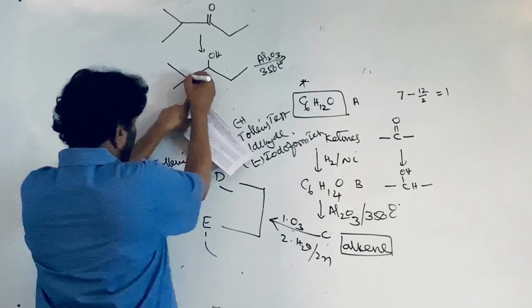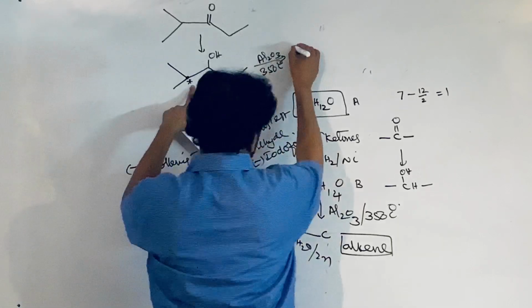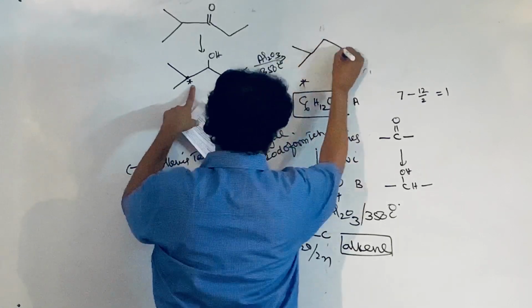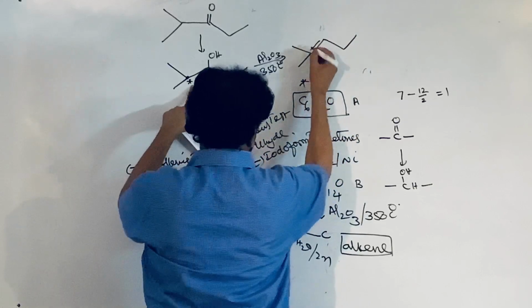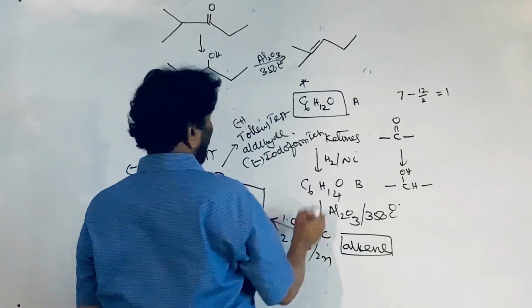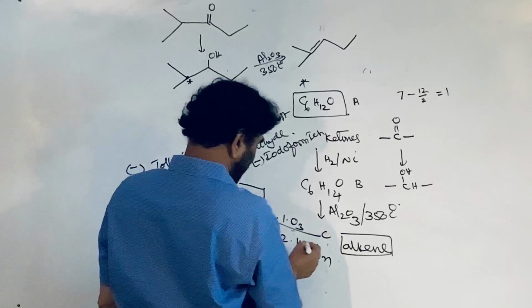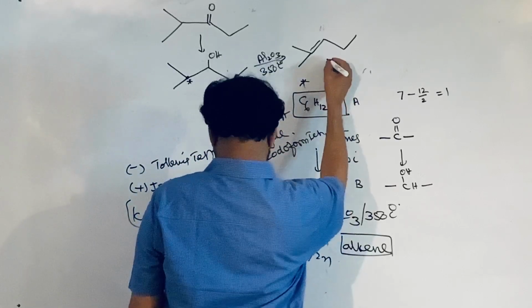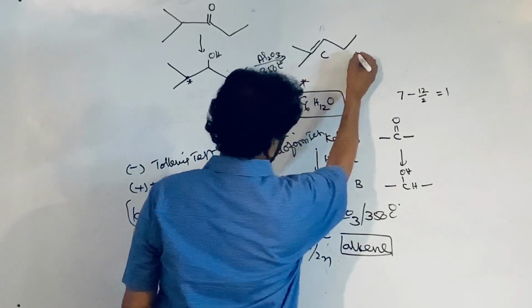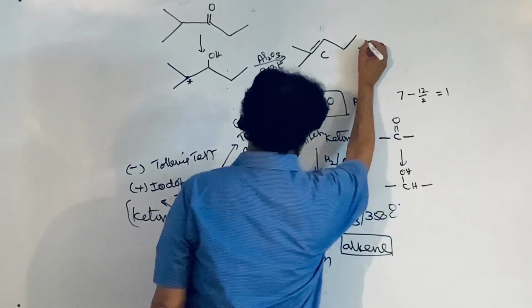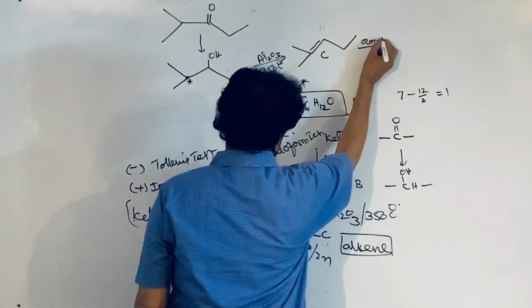This is tertiary carbon, only one. Elimination should take place from this side. This is the alkene formed. The alkene is C. This is treated with ozonolysis.